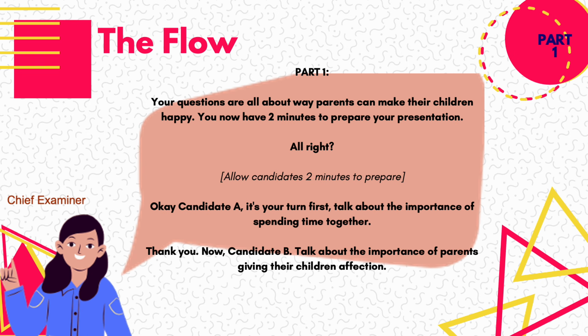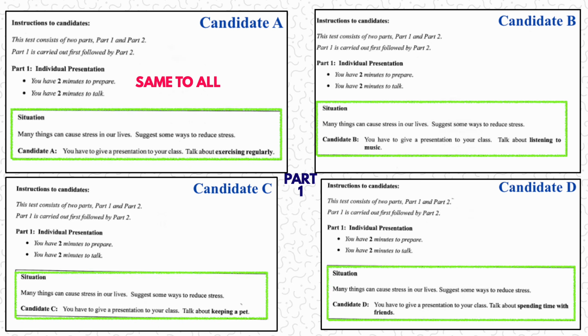Same goes to the rest of the candidates. Take note on all the questions given to all the candidates. The format, timing, and instructions in Part 1 are the same for all candidates. Only the assigned opinion or suggestion differs from one candidate to another.